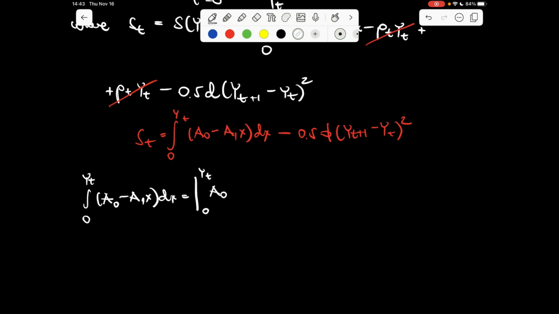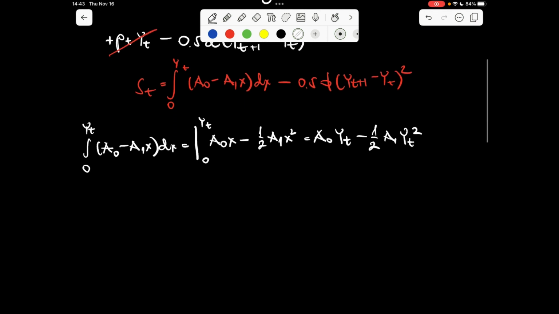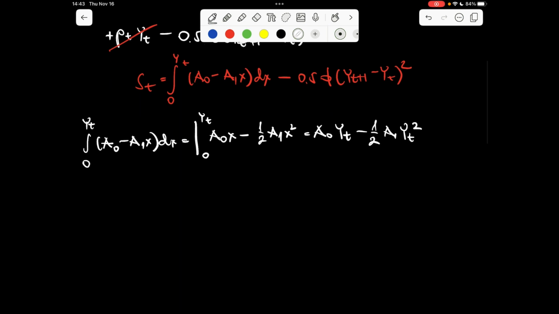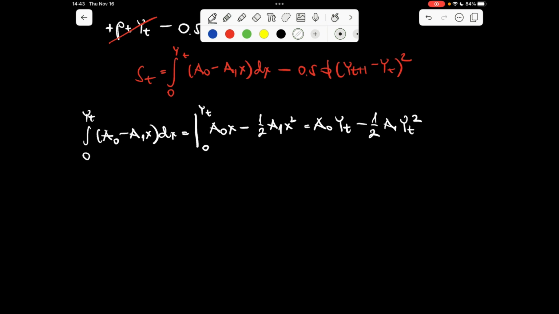It's the bonus. Okay, and this is the one period return function for the social planner.